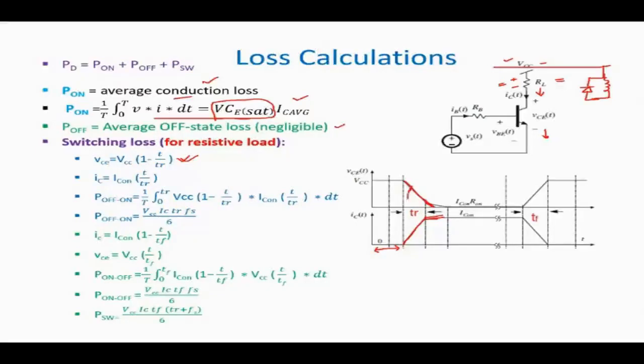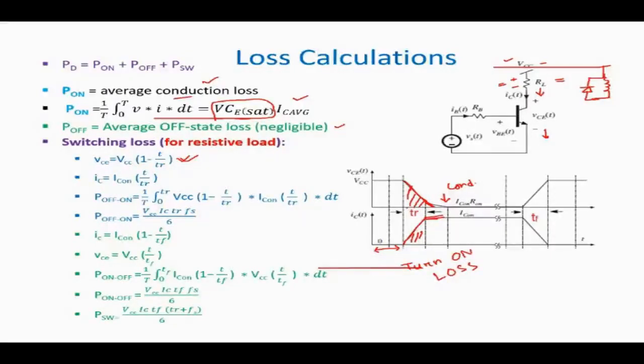So this is the zone where you are having this switching loss, because after that basically conduction starts. So then you enter into the conduction loss zone. So this is the switching loss zone, the turn on loss. This is the turn on.